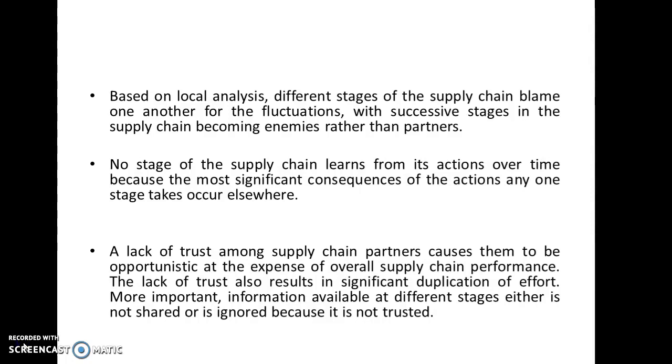The lack of trust also results in significant duplication of effort. That is, doing the same job redundantly again and again in different stages of the supply chain. More important, information available at different stages is either not shared or ignored because of lack of trust.